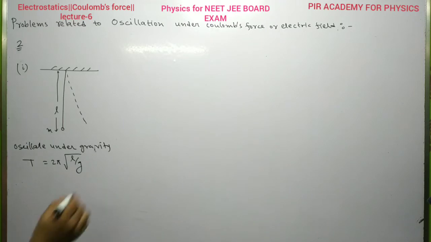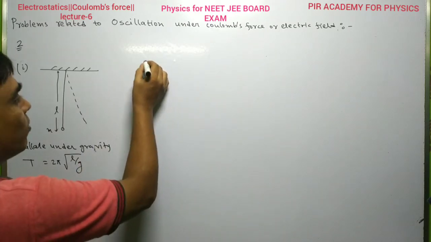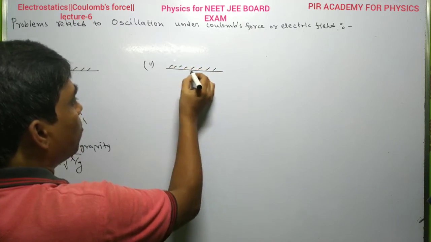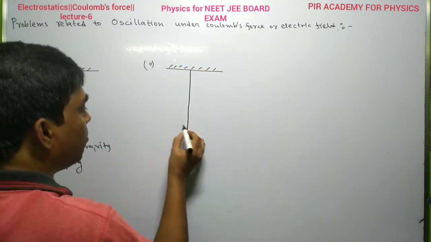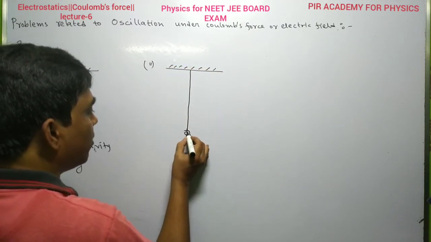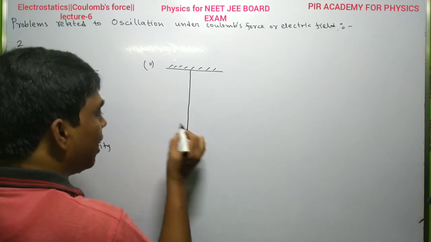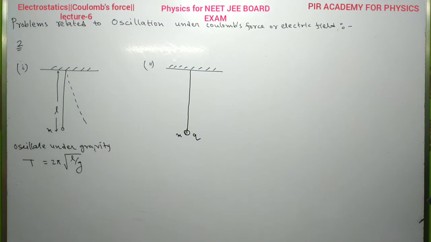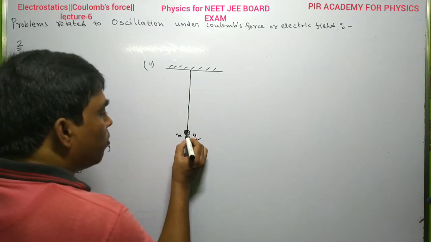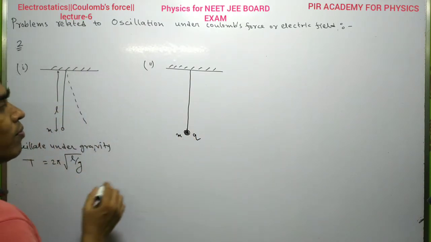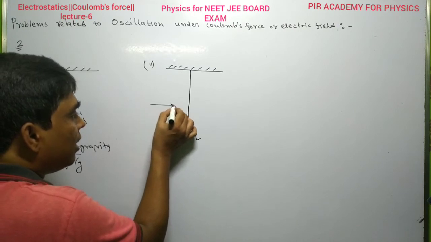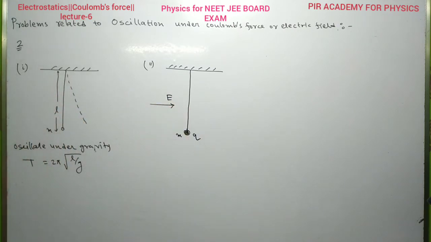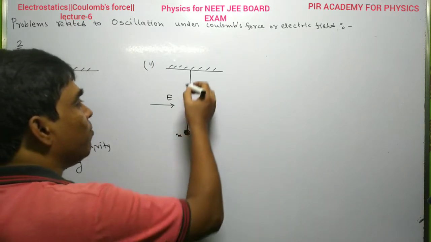Now number 2, if the same pendulum of mass m contains charge q, this bob contains charge q, if I apply an electric field along this horizontal direction, then what will happen?